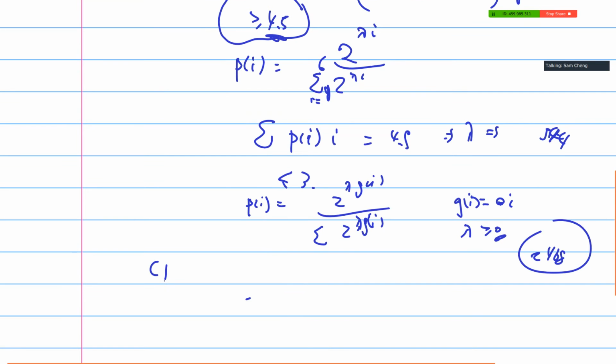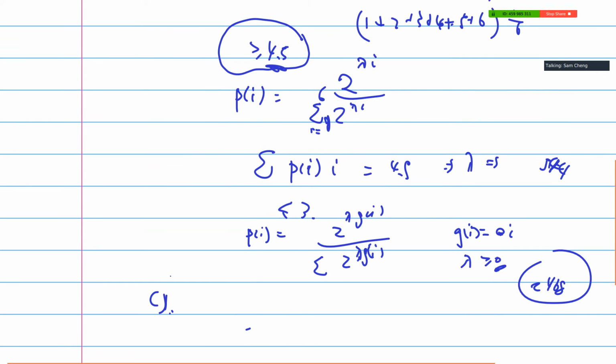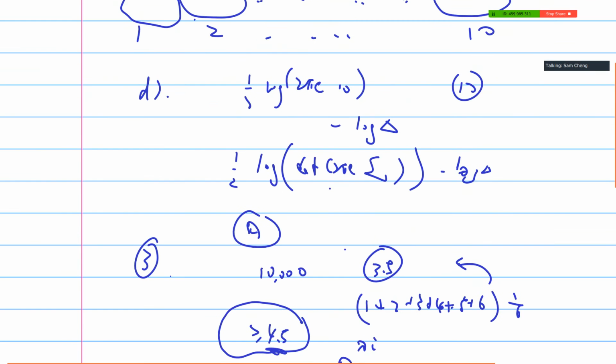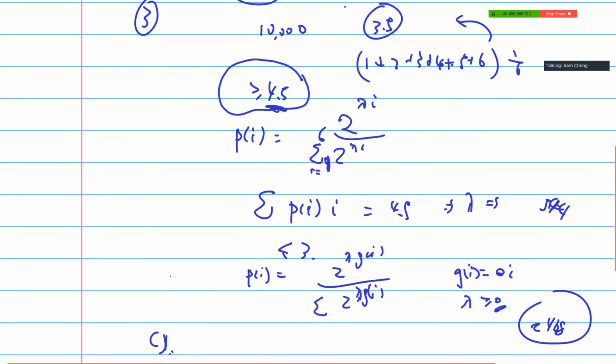C part, some of you had a problem here. Actually, this isn't meant to be tricky, but when your average is specified to be from 3 to 4.5, then basically it's what you expected, right?